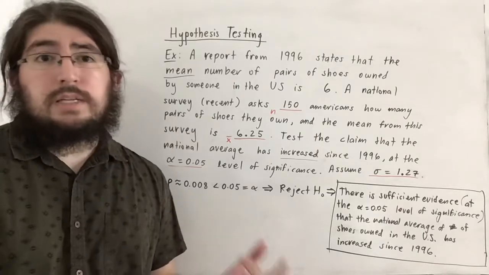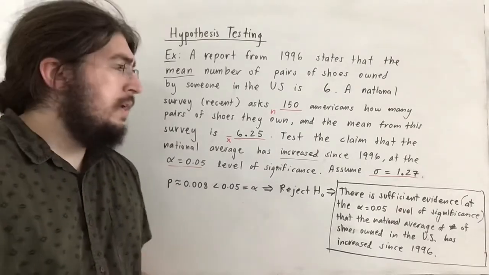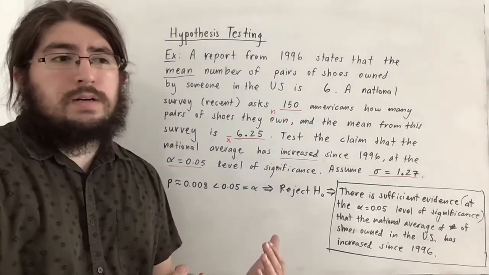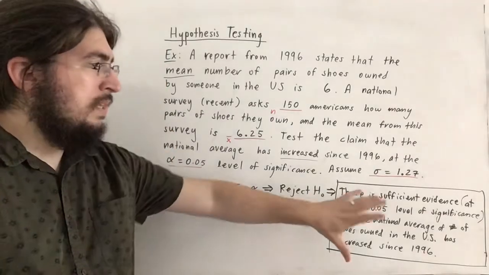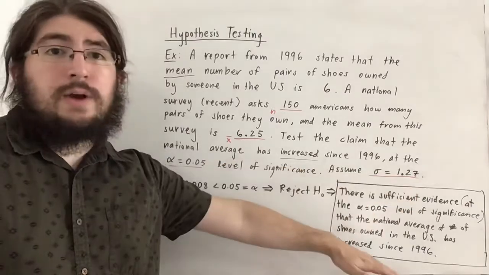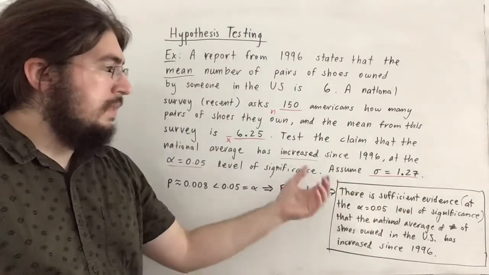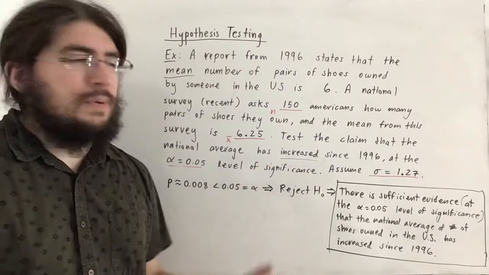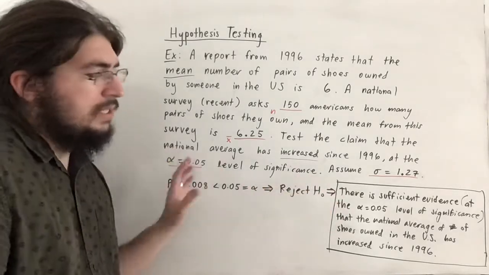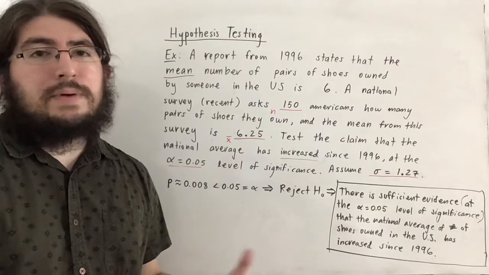There's what is called a type 1 error and a type 2 error. Basically, you were right when you were wrong, or you're wrong when you're actually right. In other words, it could be the case that this is incorrect, but we rejected because the statistics imply that, but it actually isn't the case in general.